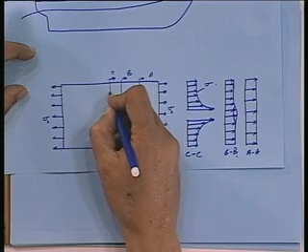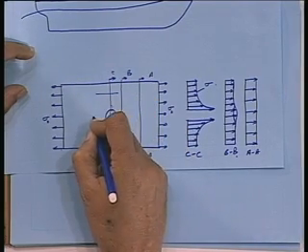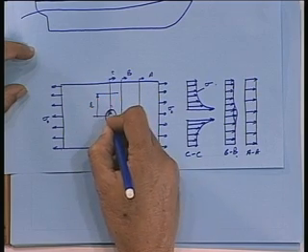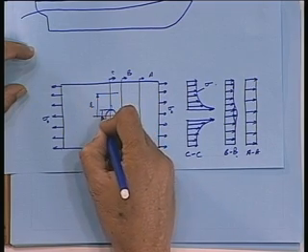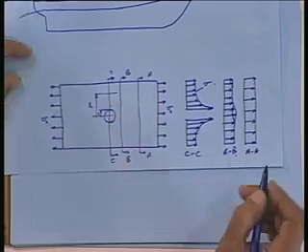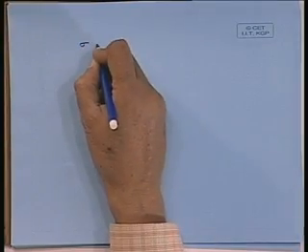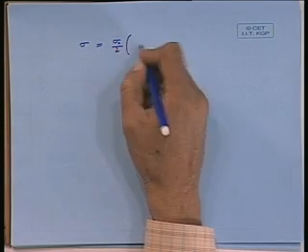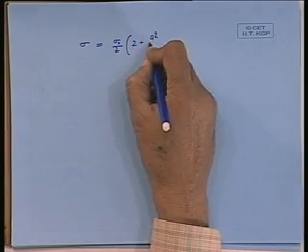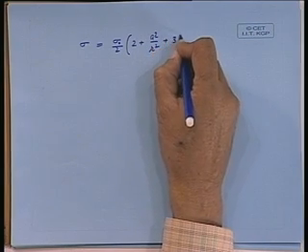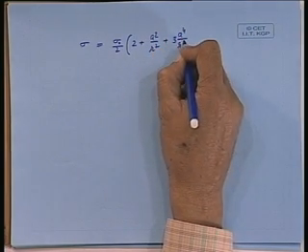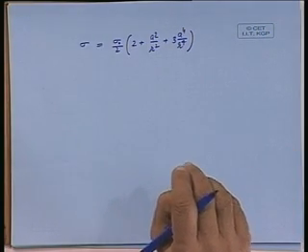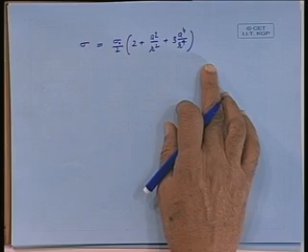If I say that the distance from the center is some r, and I take the half diameter as a, then it is derived that sigma is equal to sigma 0 by 2 times (2 plus a square by r square). So, this is the stress value which you get.